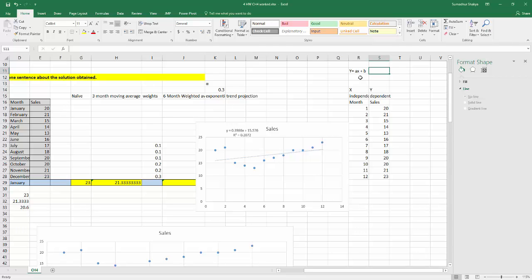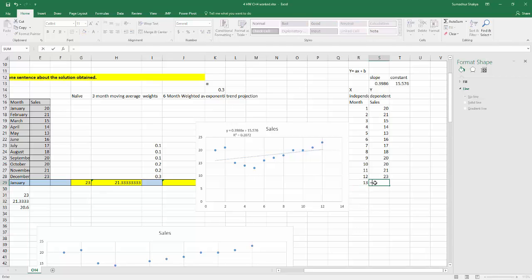The slope is equal to 0.3986, and the constant, I mean you can also call it intercept, is 15.576.